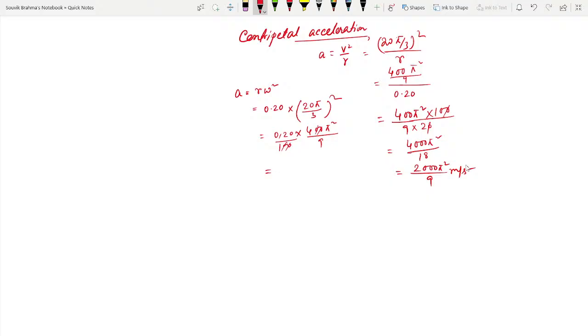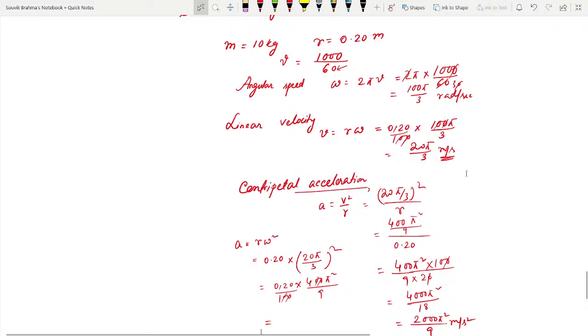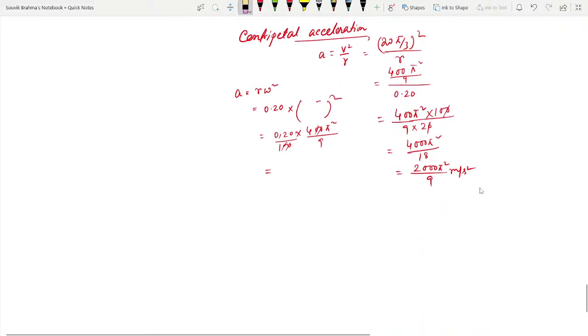Just a second, omega was actually 100 pi by 3, so it will be 0.20 into 100 pi by 3 whole square, which is 100 into 100 pi square by 9 times 0.20.